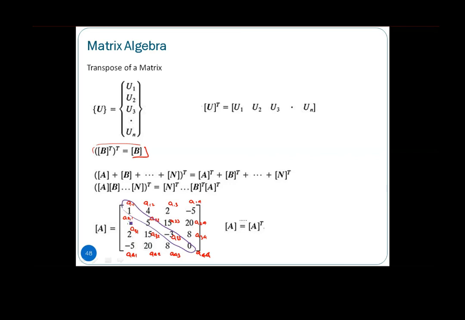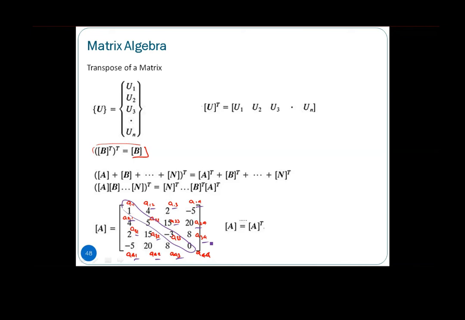Then the 2 1 and 1 2 entries give the same value, 3 1 and 1 3 also the same, 4 1 and 1 4 the same, 3 2 and 2 3 the same, 4 2 and 2 4 the same, 4 3 and 3 4 the same. So that is what we call a symmetric matrix. The transpose of a symmetric matrix is the same as the matrix itself, so whether it is transposed or not, it gives you the same result.